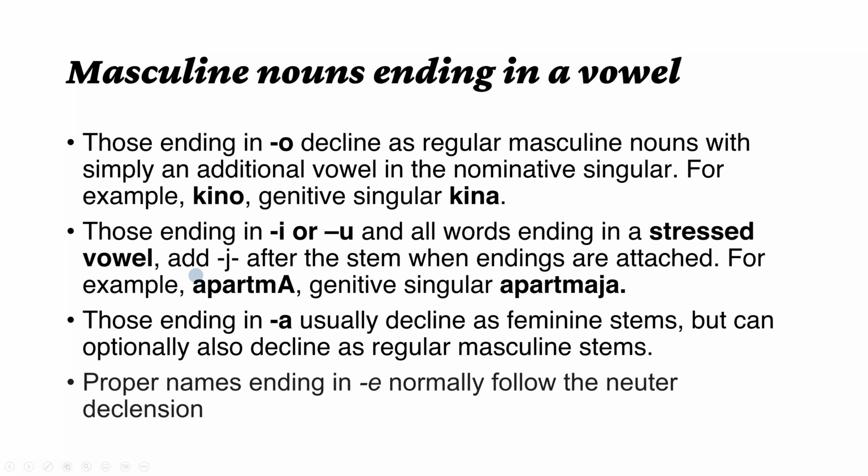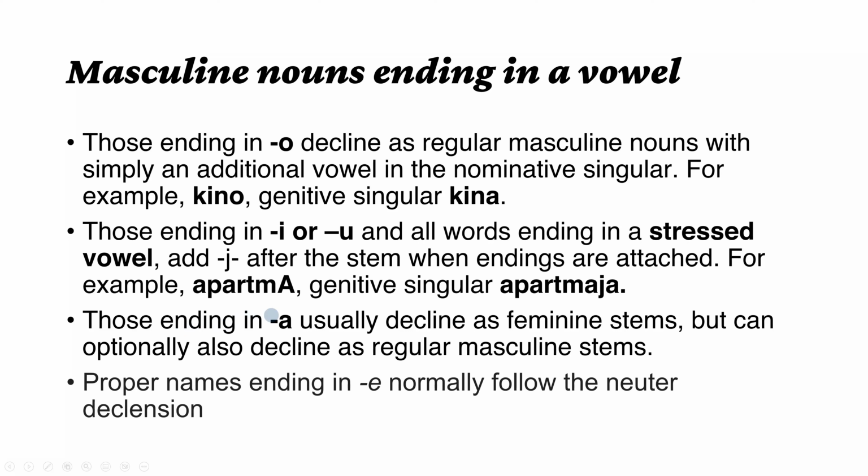In this case, we add a y after the stem when endings are attached. For example, apartma. See, in this case, we have a stressed vowel at the end. Apartma. See, we stress the vowel at the end. So his genitive singular is apartmaya. Okay, we add a j or y.